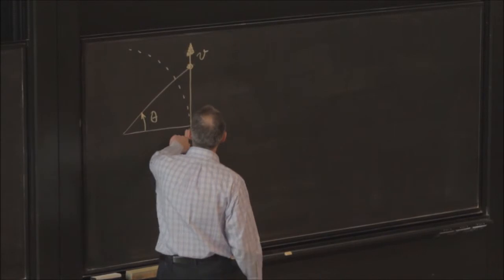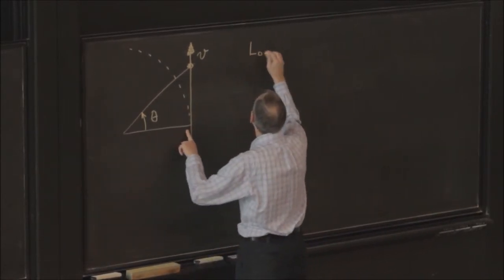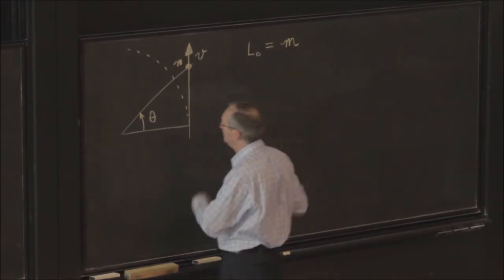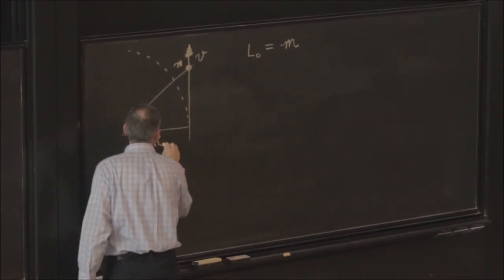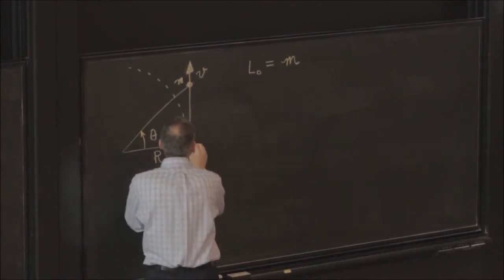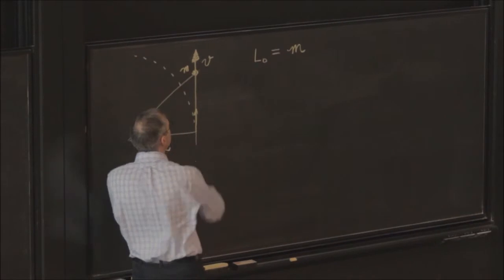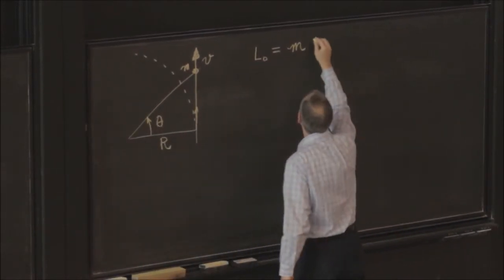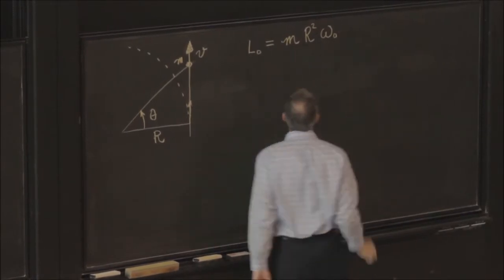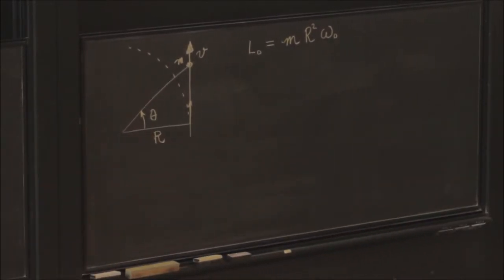So initially, L naught would be m. I'm going to call this distance r. When it's here, it's moving around at speed v naught, it has moment of inertia m r squared, and it's going at omega naught.